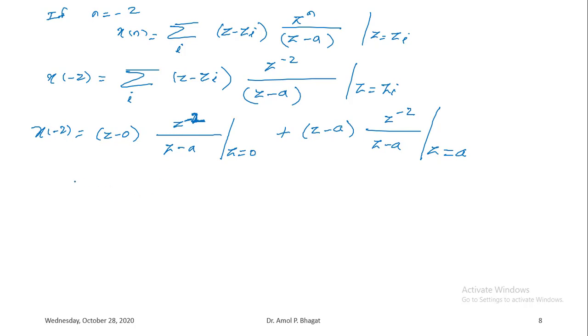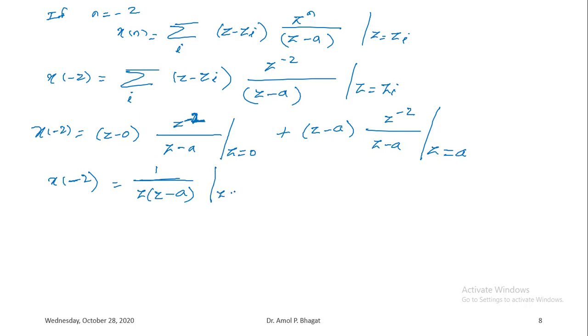So here I can write x of minus 2 is equals to, after simplification, 1 upon z into z minus a, because this z multiplied by z power minus 2 will be z inverse, and that z inverse I am sending in denominator, so z in bracket z minus a will be there.